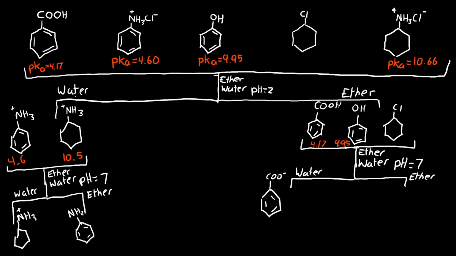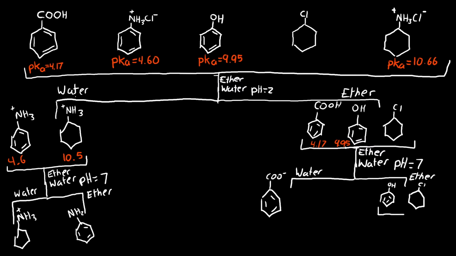The second compound, the OH group, has a pKa of 9.95, and that one is more basic than the water solution, so it can't donate a hydrogen. So it's going to remain the same. We have the OH and the Cl. The Cl is really basic, so it's not really going to change. And it has no hydrogens to donate, so it's not really acidic either.